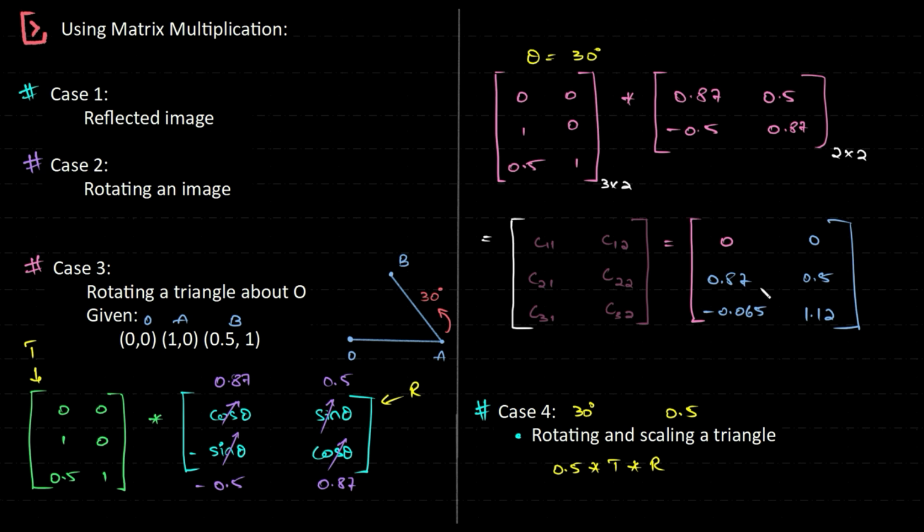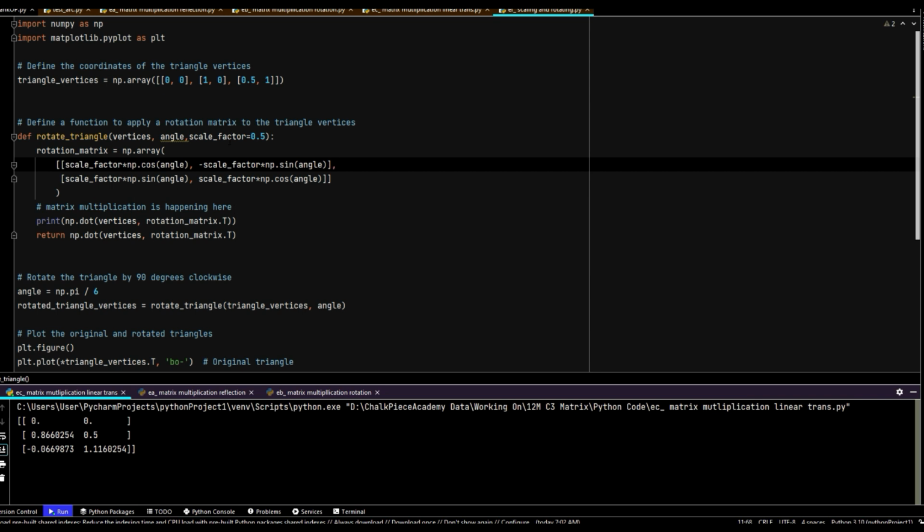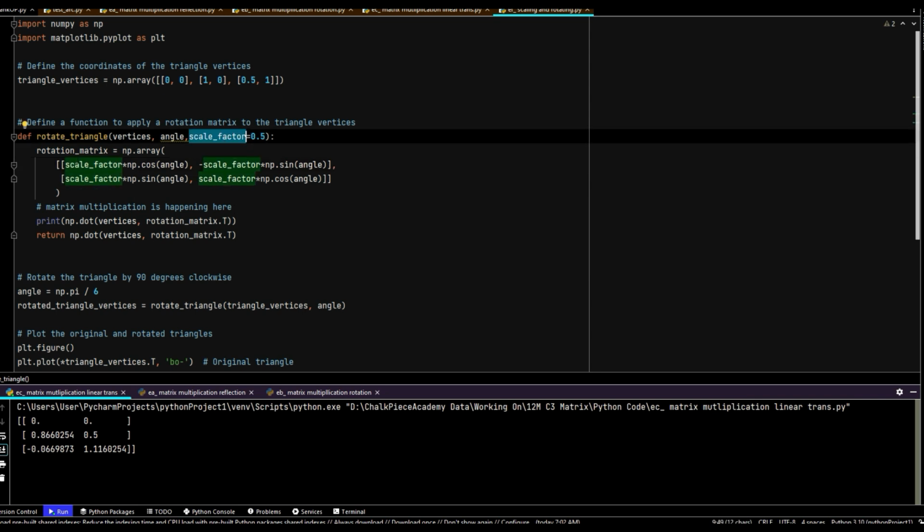Basically the same set of values multiplied with 0.5, right? I hope you guys remember scalar multiplication, and the same thing I have done over here. So I have taken the scalar factor in the rotational aspect itself.